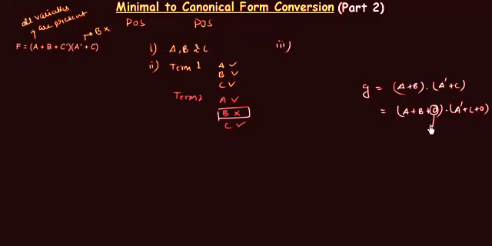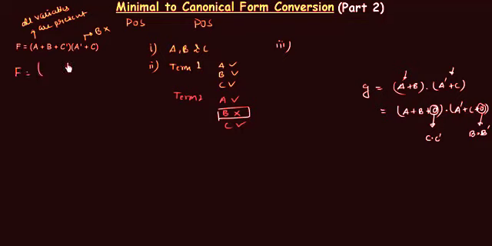This 0 can be written as C and C complement, and this 0 can be written as B and B complement. So this is what happened to C in the first term and this is what happened to B in the second term. This is how they are eliminated by using the Boolean algebra. So we will use this logic in this problem and try to find out our solution.